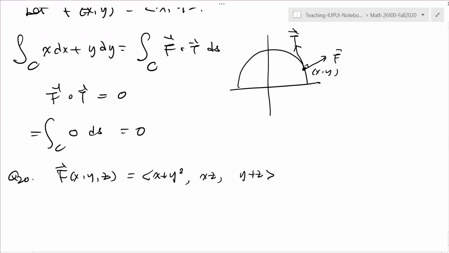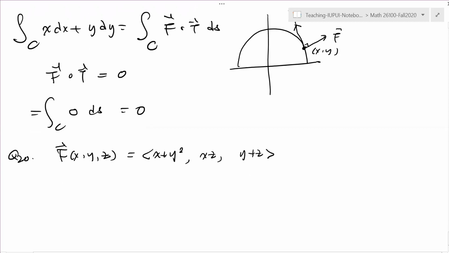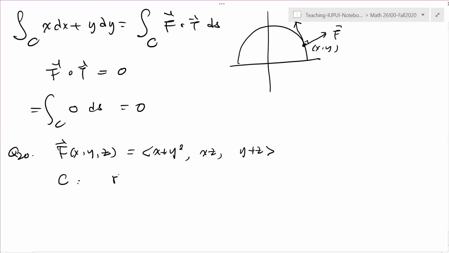The curve is parameterized by t squared, t cubed, negative 2t, where t is between 0 and 2. So you are given the parameterization for the curve.